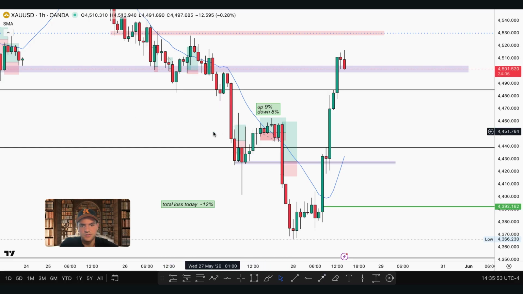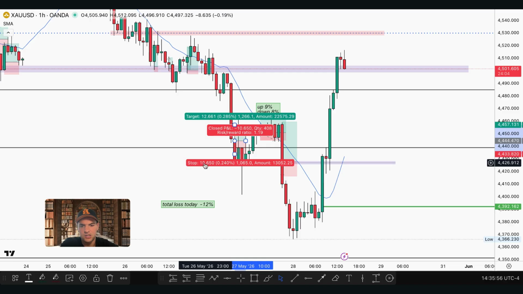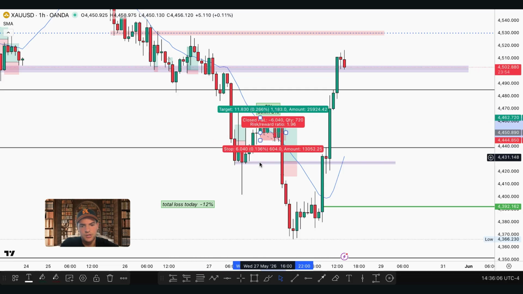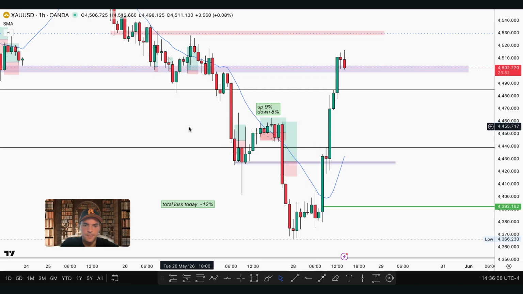Right here was the first position. As you guys can see, I lost about 10.6 points, and I think this was a 4 to 5% loss right here. And then this right here was a 6 point loss. Now this trade, I was up about 9%, right?